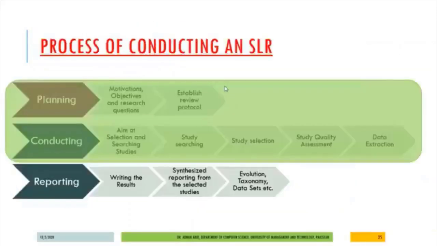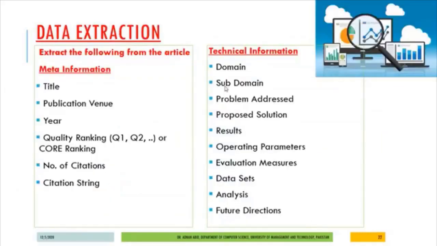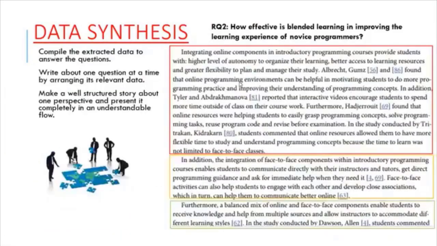Again, the domain and subdomain concept that I presented in this slide is very pertinent to play a role over here. So what we do is we compile the articles based on the domains and subdomains, and then we see how things evolved, and we write it in a very systematic manner. So here you can see integrating online components in introductory programming courses, then integration of face-to-face components with introductory programming courses, and then a balanced mix of online and face-to-face components.